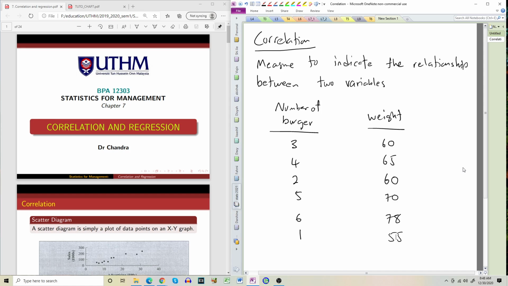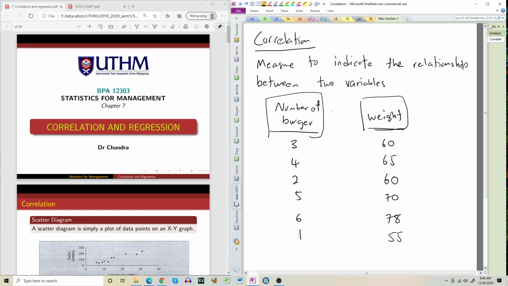So we can assume that, well, let me ask you a question before I proceed. Which one will influence which one? We have number of burgers and weight. Does the number of burgers influence weight, or weight influence number of burgers? Yes, the number of burgers influences weight.